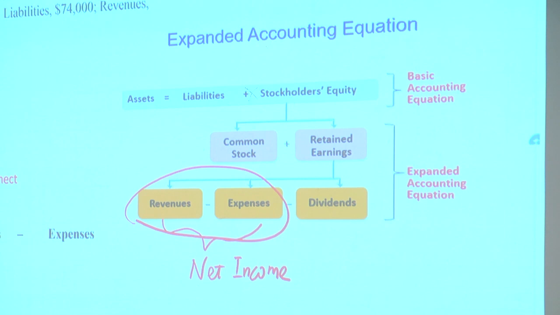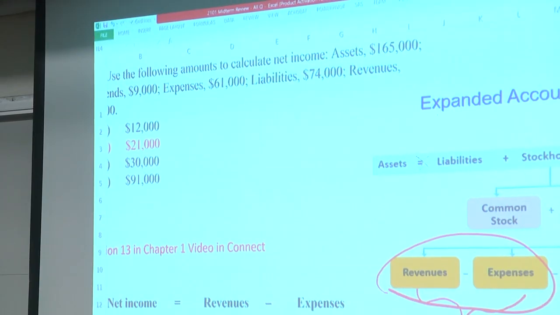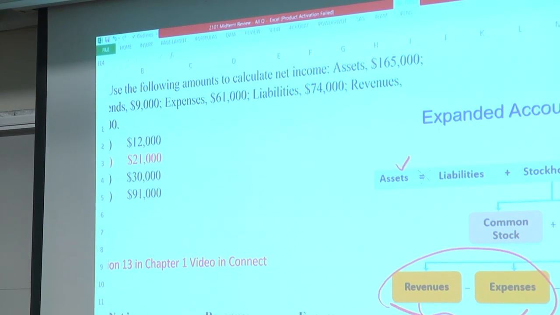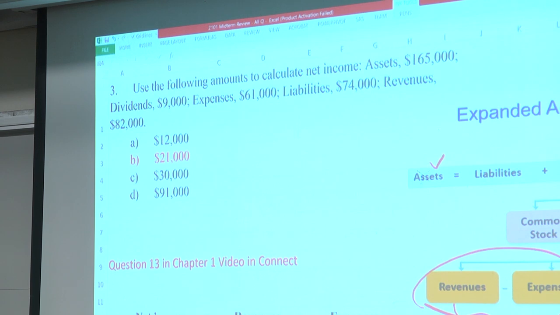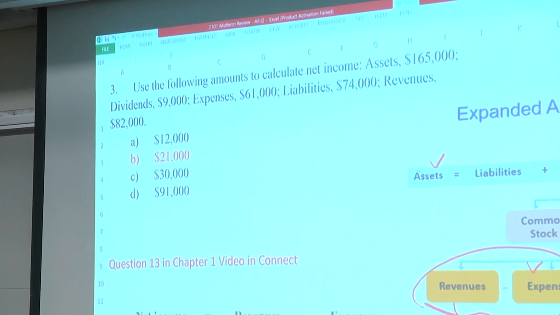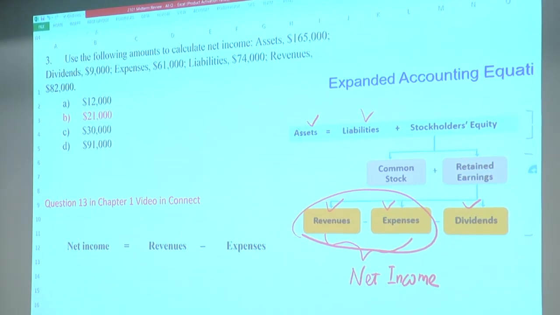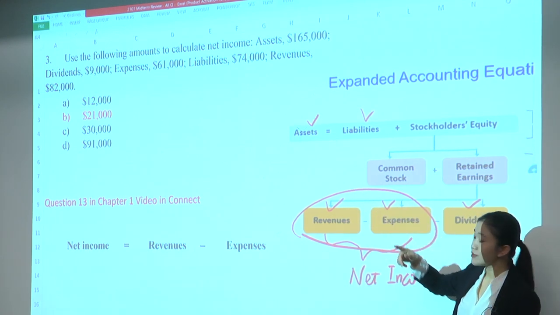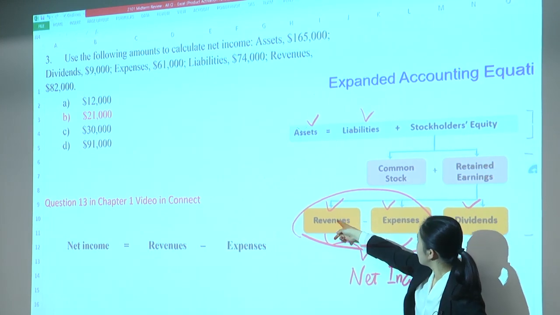Now look at the question. The information provided is assets, and then we have dividends, we have expenses, and then we have liabilities, we have revenues. So what do I need to calculate net income? Obviously, from the very starting point, we have both.